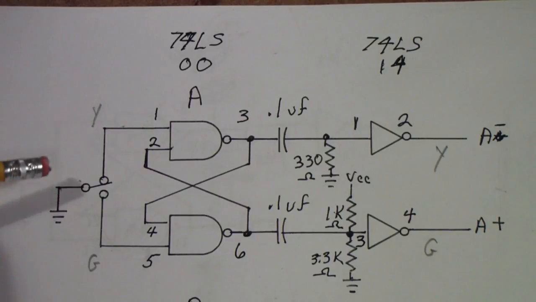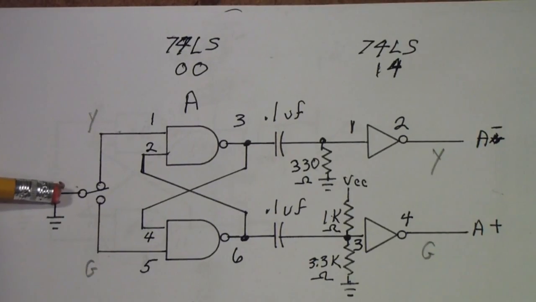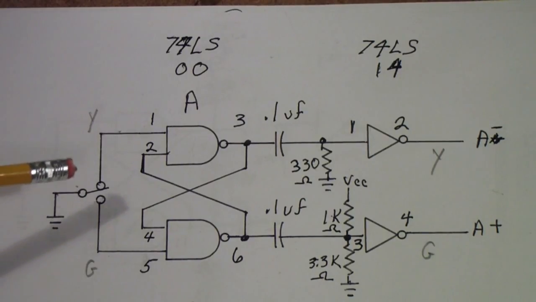Well, the difference is that one thing you will find about logic is it responds very quickly to signals. And unfortunately, mechanical devices like switches are not perfect. When you switch a switch, it bounces.